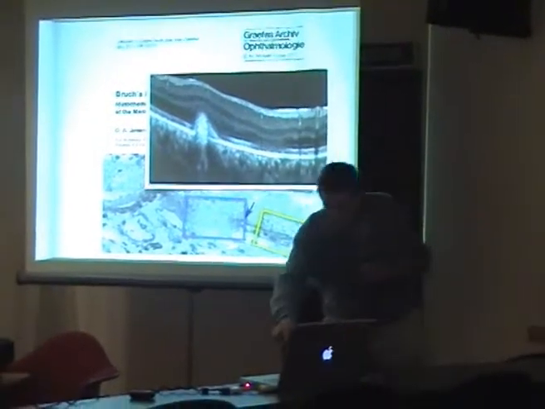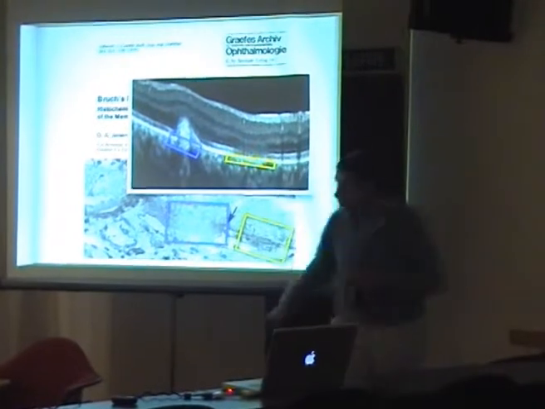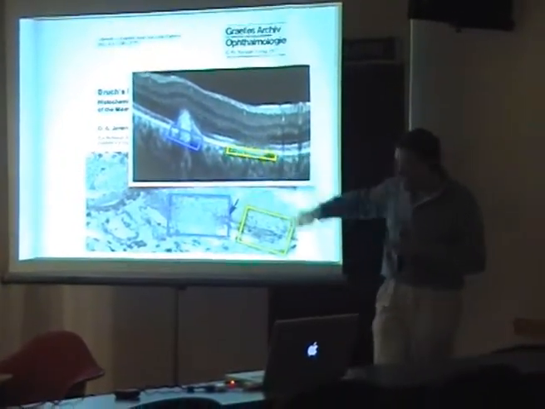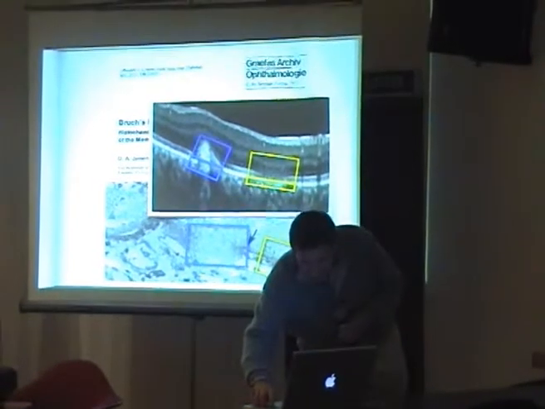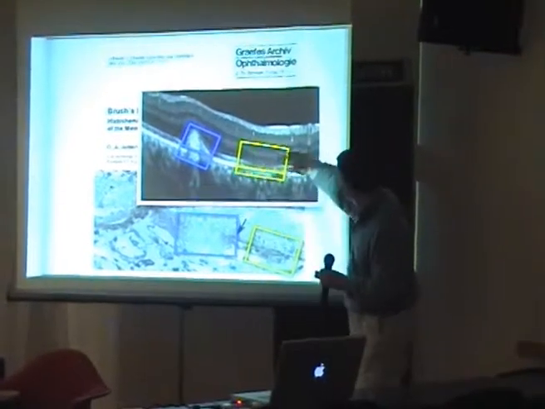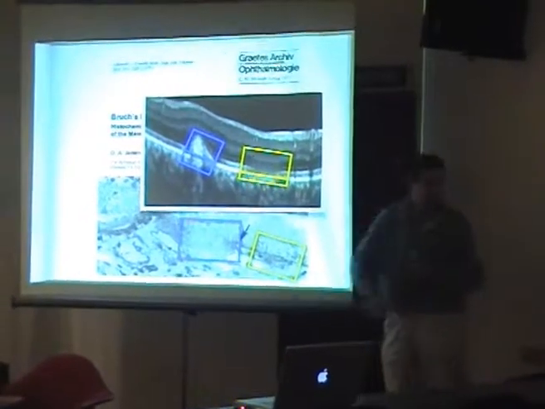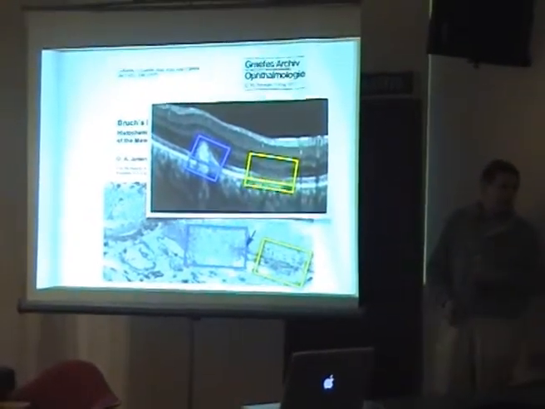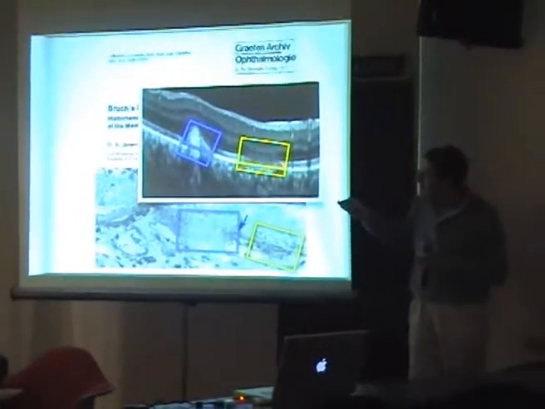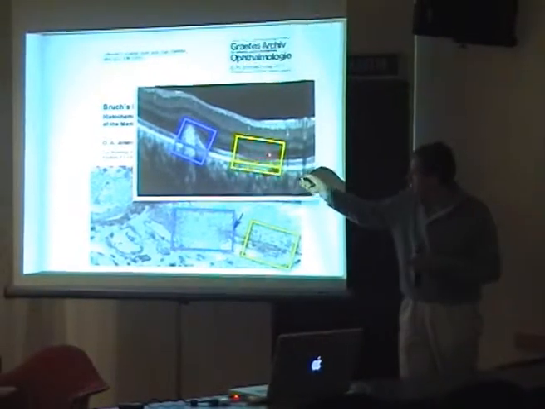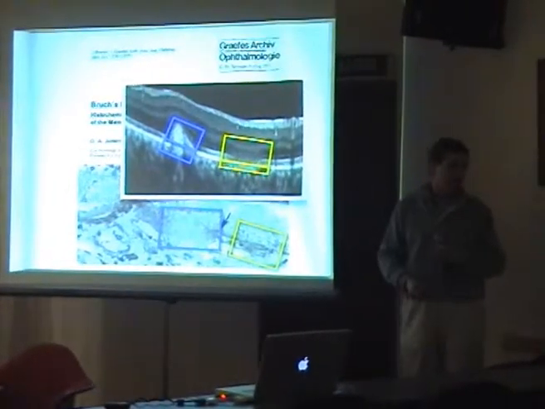And so they describe Bruch's membrane rupture here, some changes here, but look, they didn't look up and they didn't see the photoreceptors that are here. So probably the first step of angioid streaks is changes at the photoreceptor level.